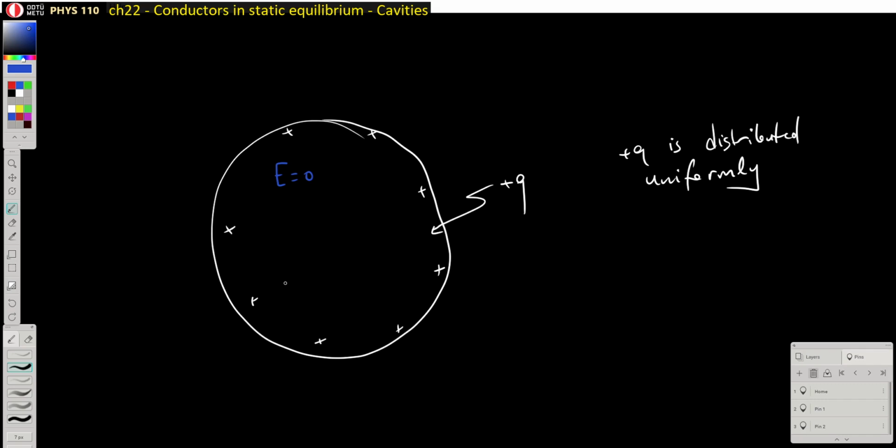So all of these positive charges should be distributed in such a way that the electric field inside is equal to zero. And I know that I have solved this problem before. If I have a uniformly distributed thin spherical shell, that distribution doesn't create an electric field inside. So therefore, for that situation, that charge should be uniformly distributed.